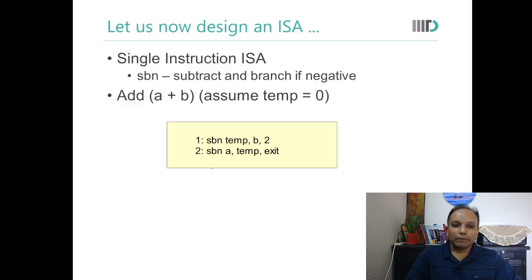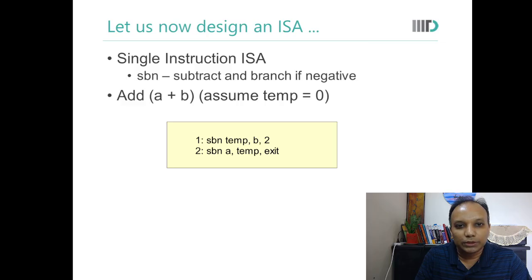So, we have to select an instruction such that it can implement any instruction. One interesting such instruction is SBN. SBN stands for subtract and branch if negative.